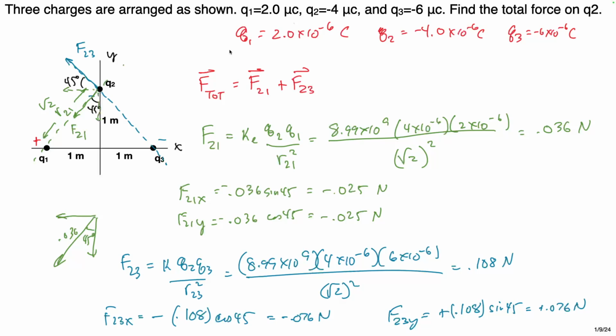For the green, it's between this one and this one, right? This one is 2 and that one is 4. But for the blue, it's between this one and this one. That one's 4 and this one is 6. So this force up here I expect to be stronger because there's more charge involved, right? And this one I expect to be smaller, and that's what happened, right? 0.036, and this one's bigger. So yeah, it's different charges, so it's different magnitudes of forces. Excellent question.